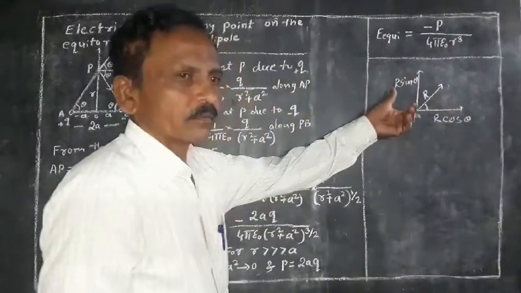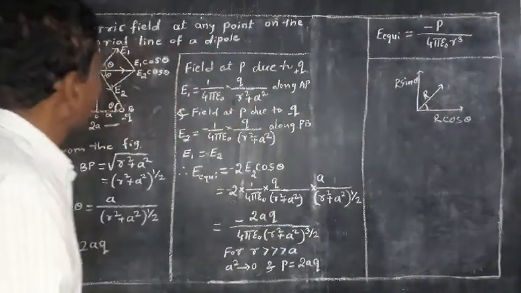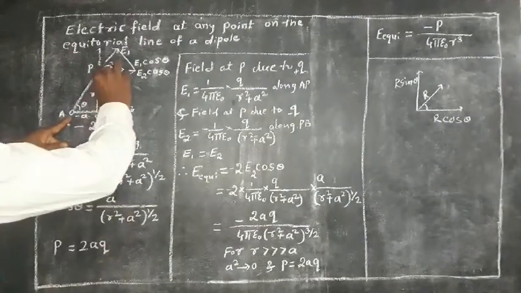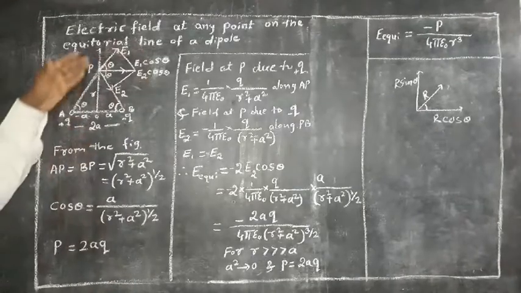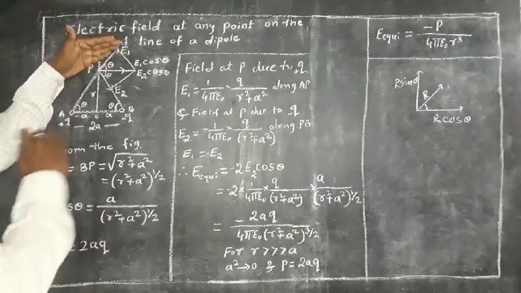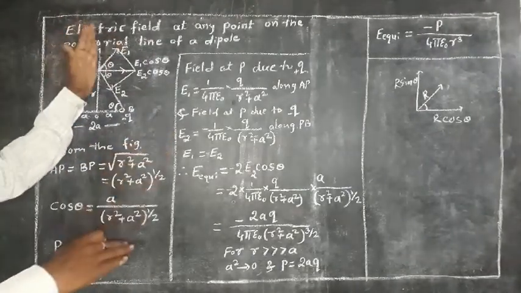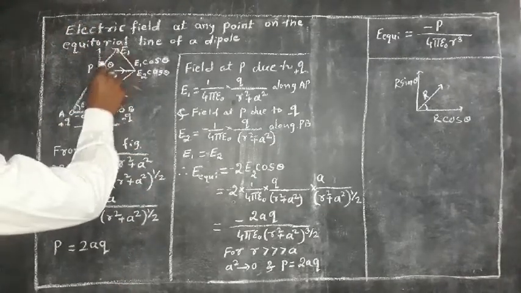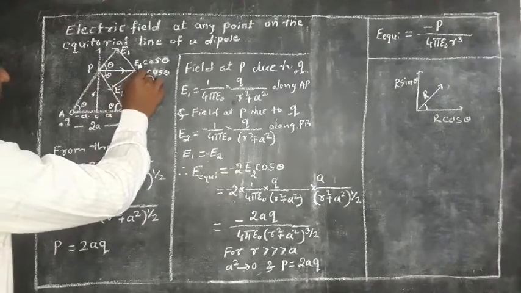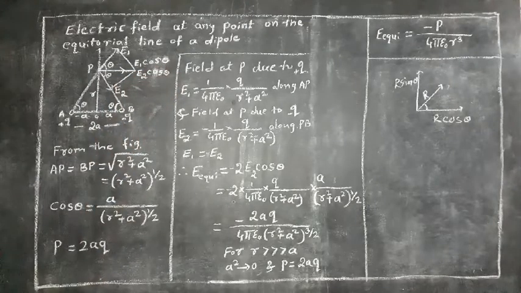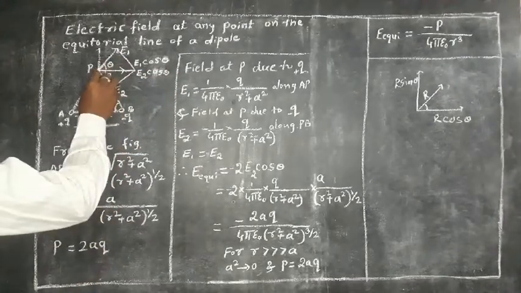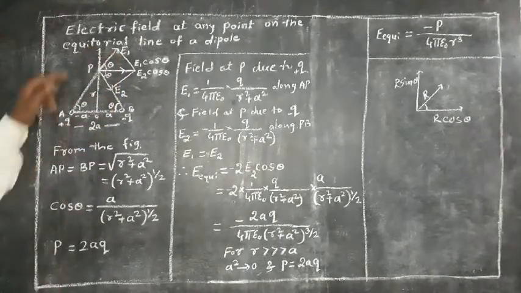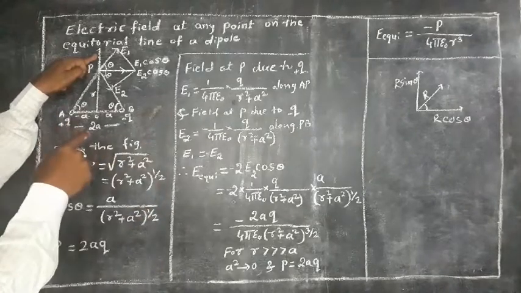And here the electric field due to positive charge E1 is in this direction. It is neither along the horizontal axis nor along the vertical axis. Therefore, the component of E1 along the horizontal is E1 cos theta, and the component of E1 along the vertical axis is E1 sin theta.